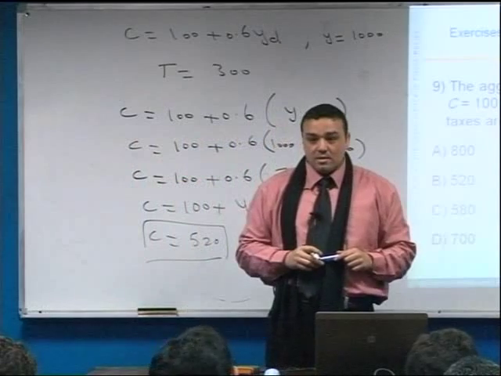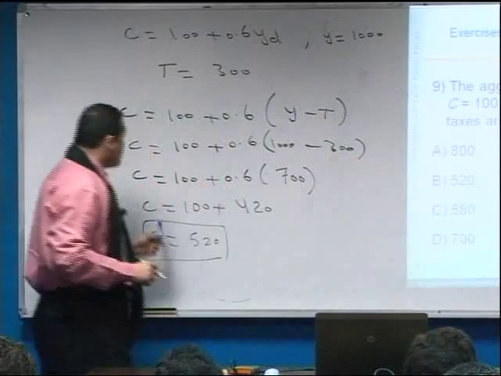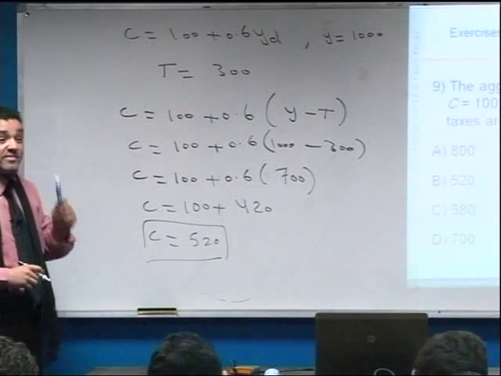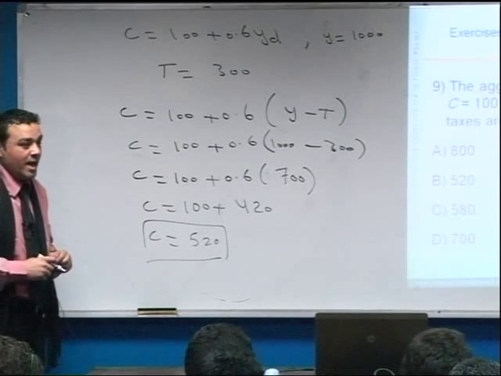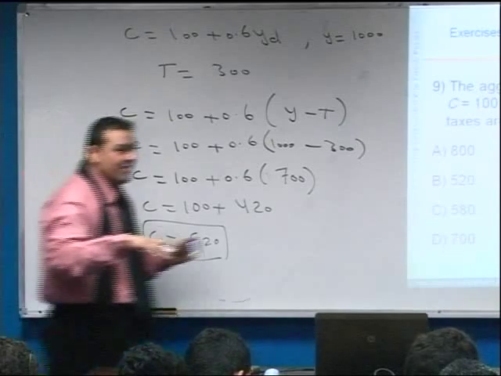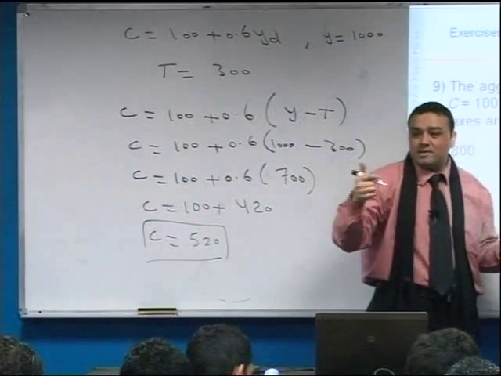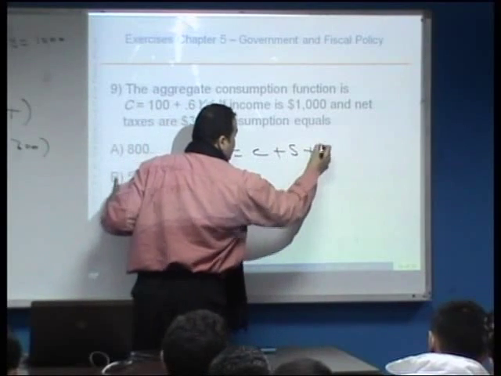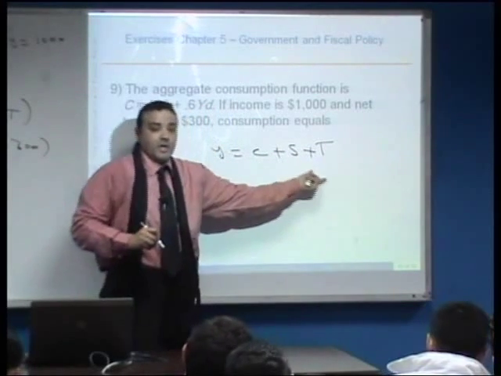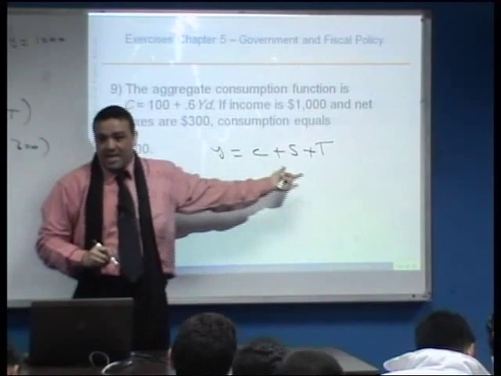Is it clear? How much is the saving? As you know, if there is a government, Y equals C plus S plus T, because part of your income goes for the taxes.